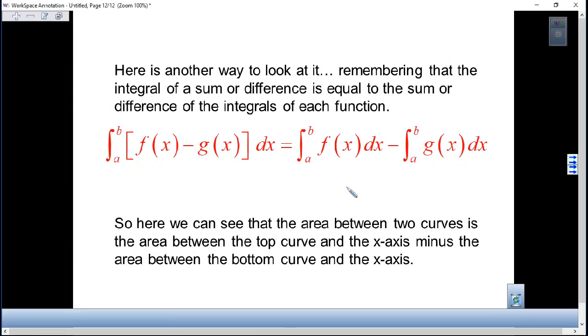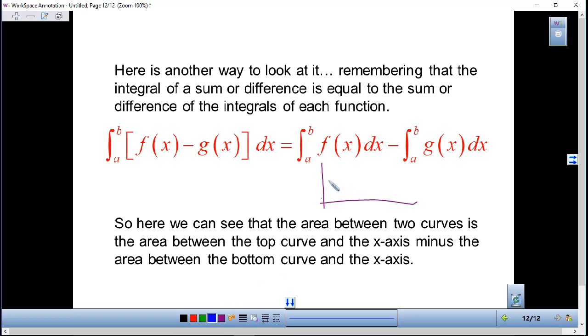So if we have, let me draw something here, or try to anyway. This is f of x, and let's say this is g of x, and we find the area under the curve with this one, which is all this, and then we find the area under the curve for your green, for your g of x, and that's this part right here.